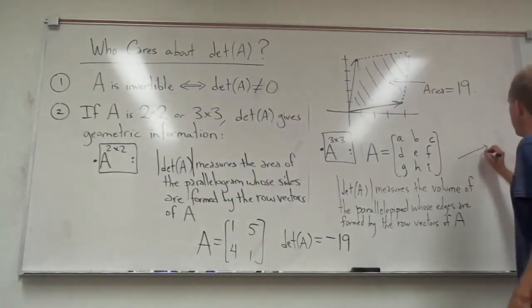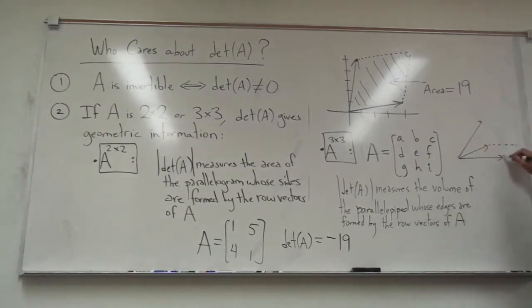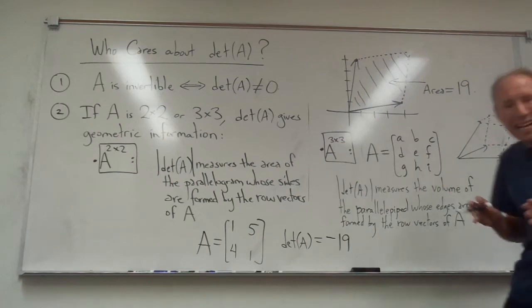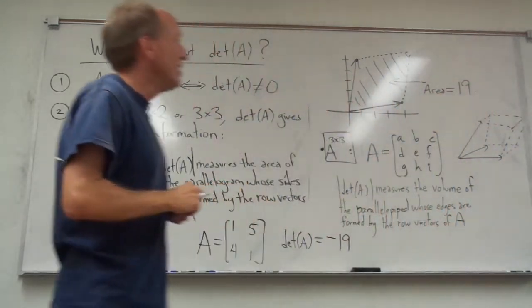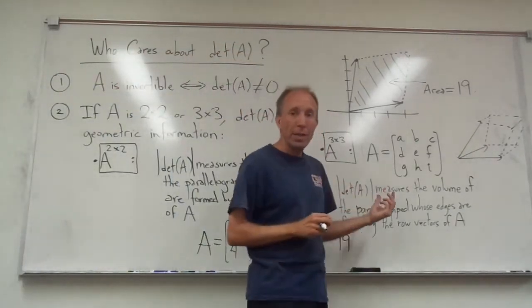So you might have a vector here, here, and here, right? And you can then extend. These dotted lines show how you can extend the picture and get basically a box. It's just a slanted parallelepiped right there. So that volume is measured by this determinant.